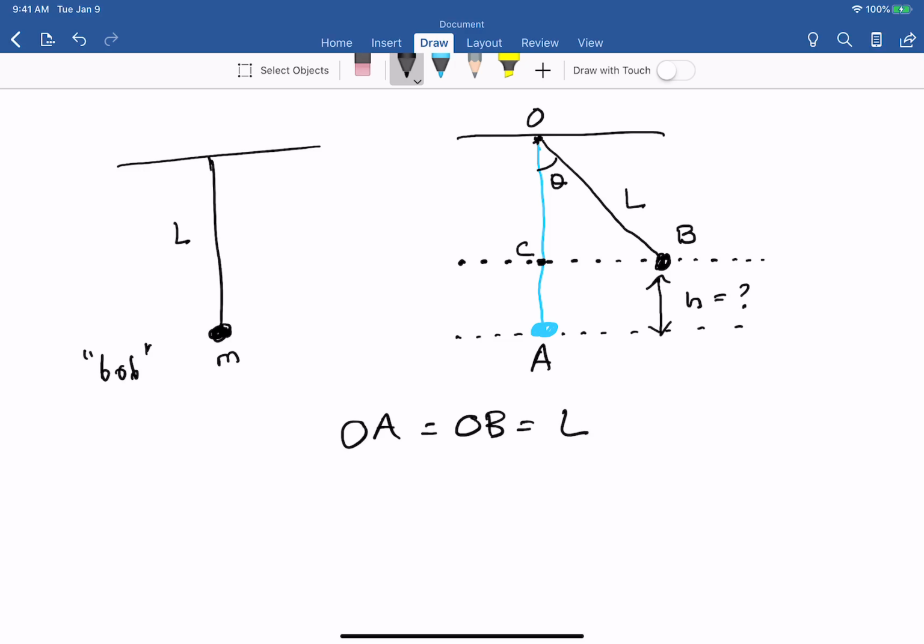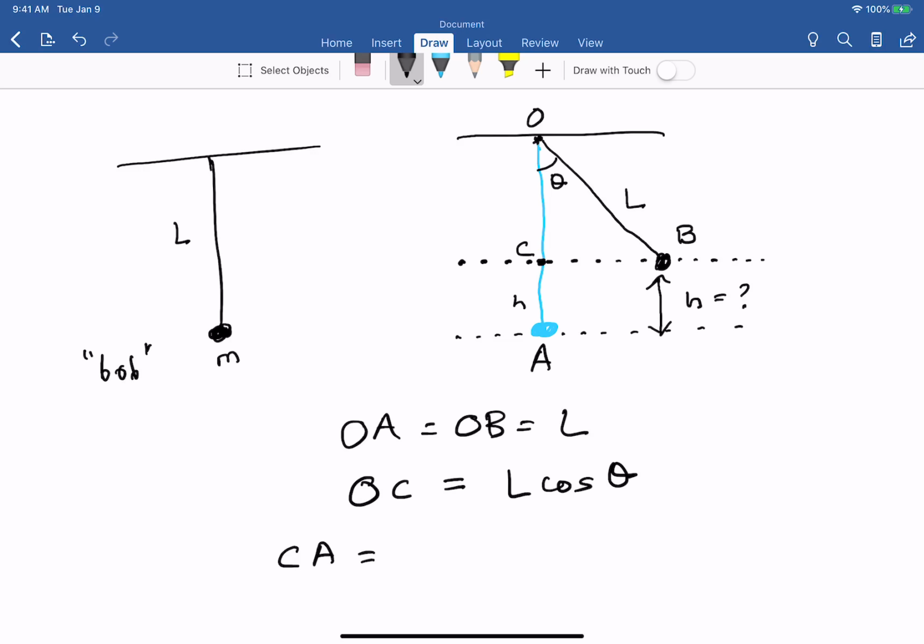So what about OC? If you do SOHCAHTOA, OC is going to be L cosine theta. Please make sure that you agree with that. We are interested in the height h, which is the measure of the line segment from C to A. So this is also h. CA is what we are looking for.